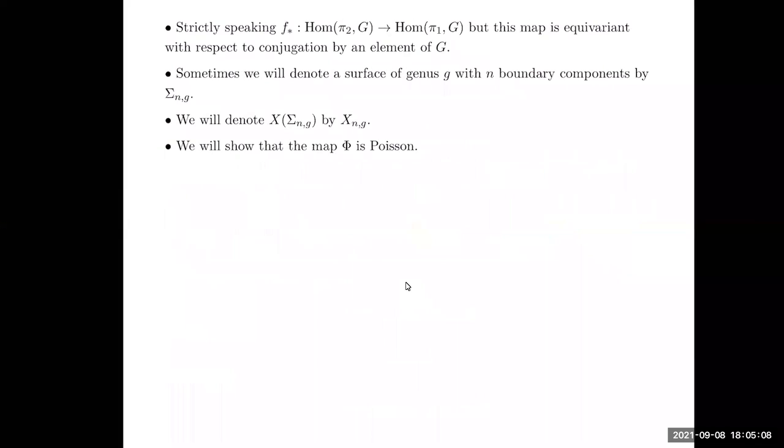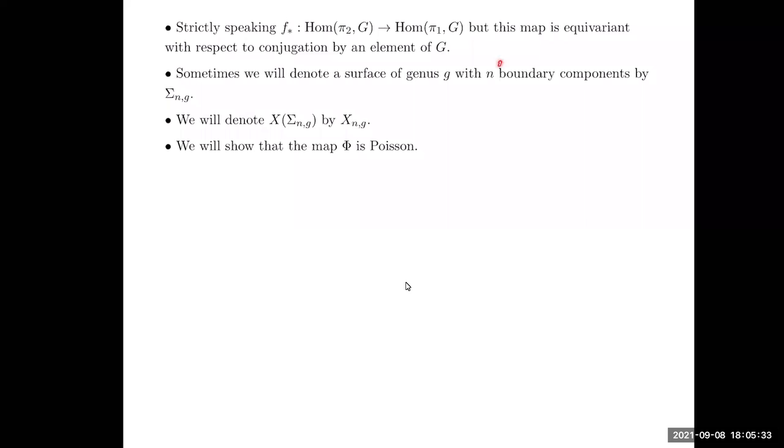So strictly speaking, F goes between Hom of pi 2 into G and representations of pi 1 into G, but because this map is equivariant with respect to conjugation, it induces a map of the representation spaces.